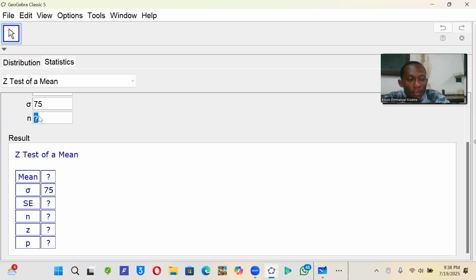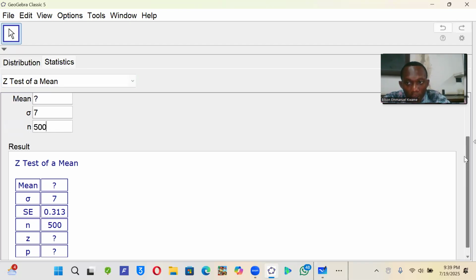Then this is standard deviation, which was 7. Then the number of students, N, was 500.